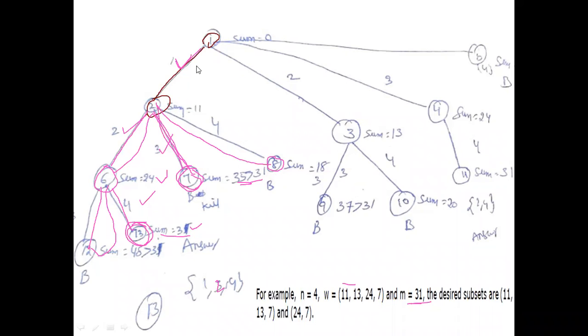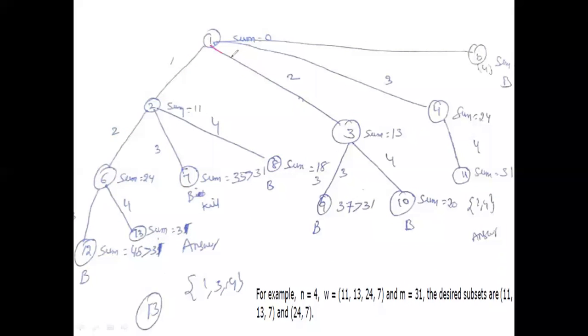After the first child of the first node is fully expanded, it generates another child, the second child.